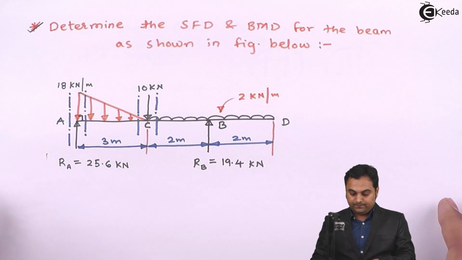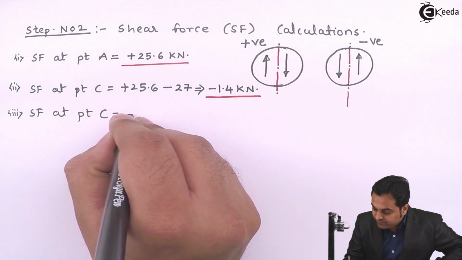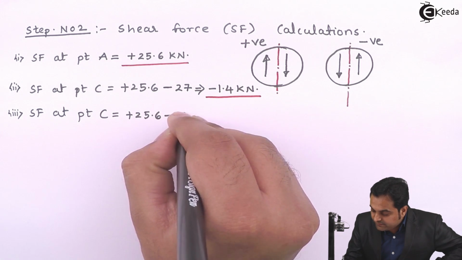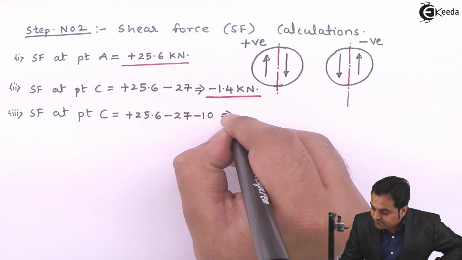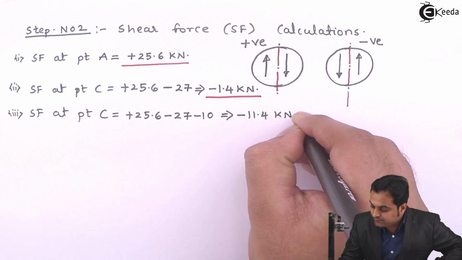So we have plus 25.6 minus 27 minus 10, this gives me the value as minus 11.4 kilonewton.